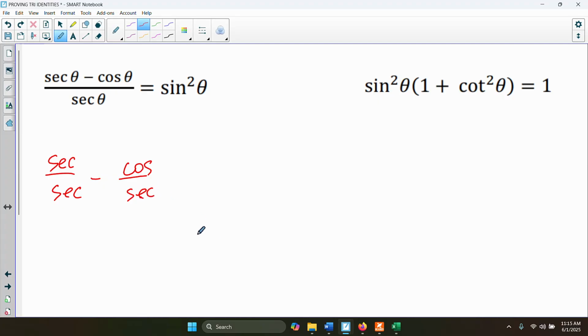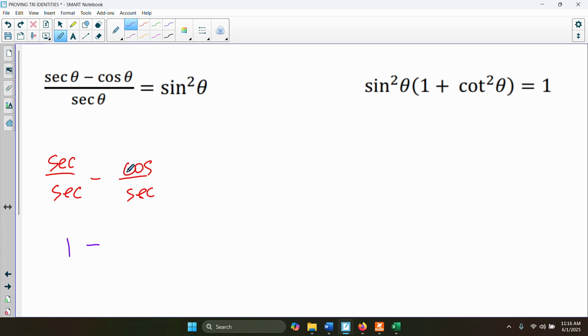From your pre-algebra days, if you have a common denominator, you're allowed to combine your numerators. But in this case, I'm going in the opposite direction, simplifying, because this part is just one, everybody sees that. And what is this part?